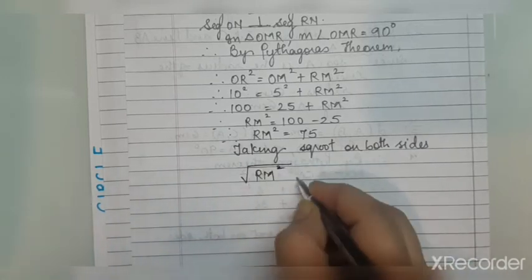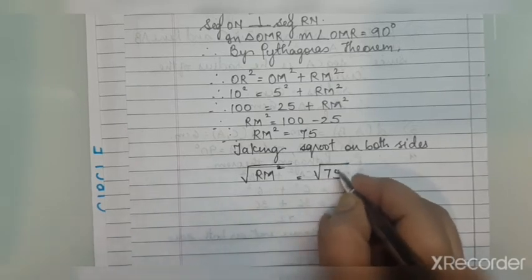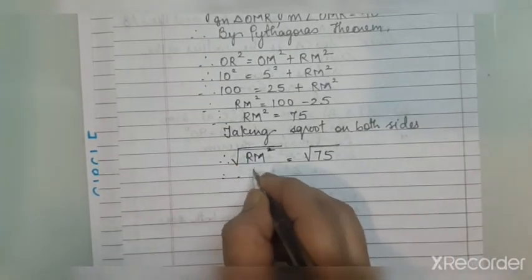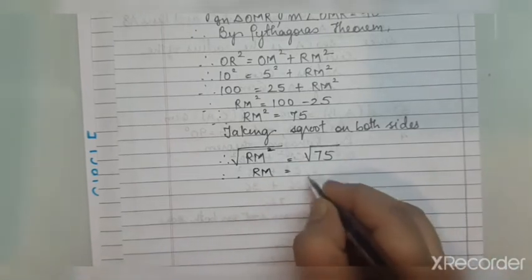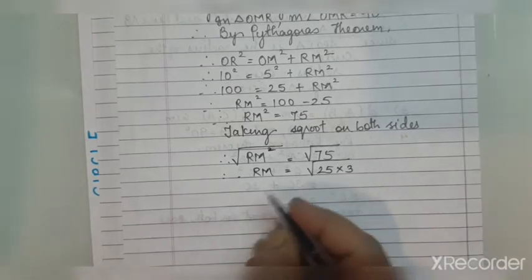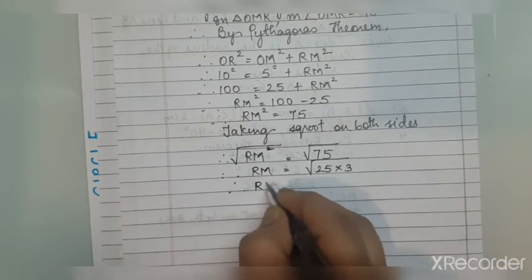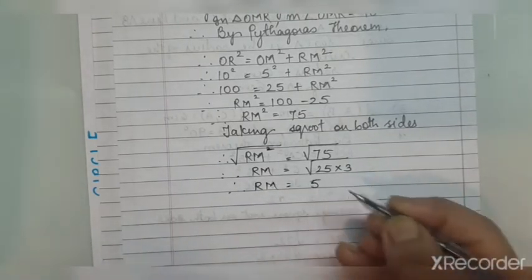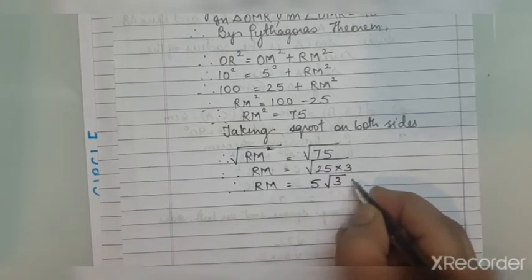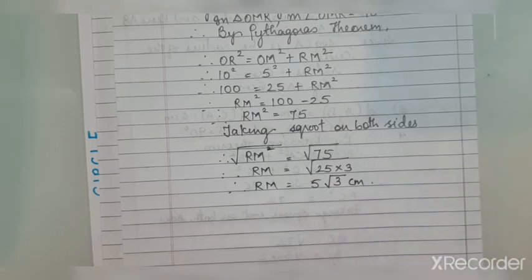If you want, you can show this step, or we can directly write that the square and square root get cancelled and we get RM. Now 75 can be split as 25 times 3. 25 comes out of the root sign as 5, because the square root of 25 is 5. Root 3 remains as it is. The answer is RM is equal to 5 root 3.